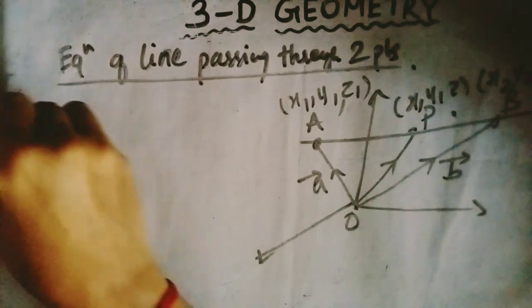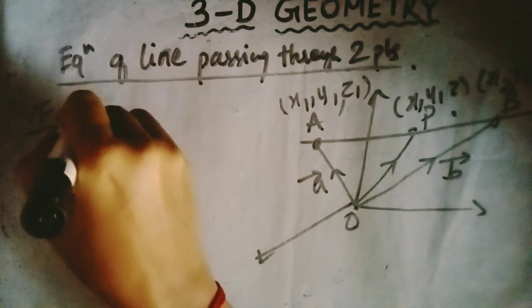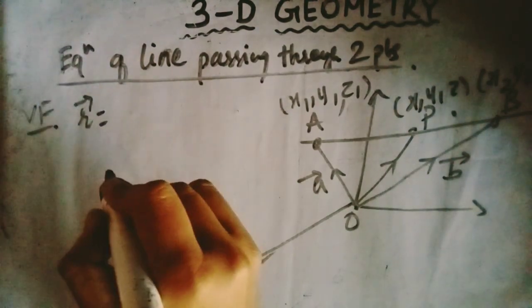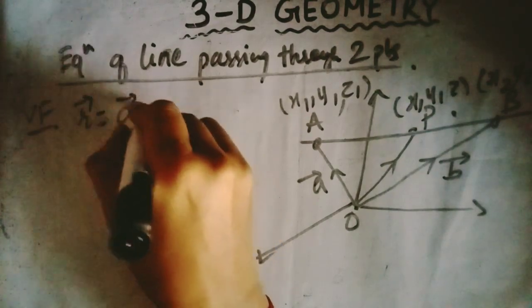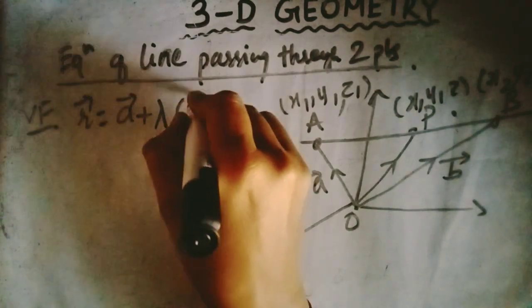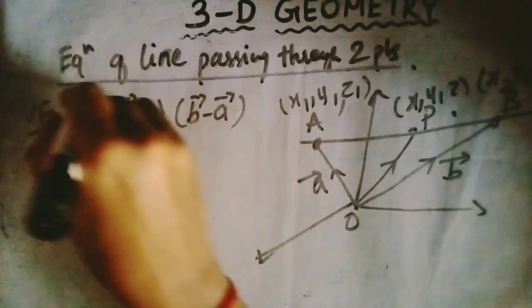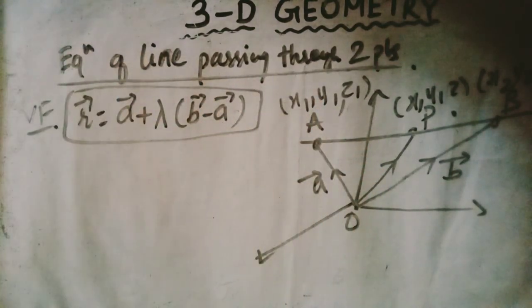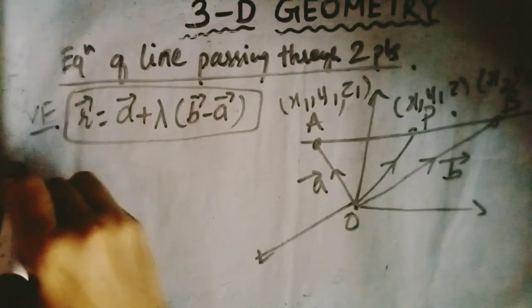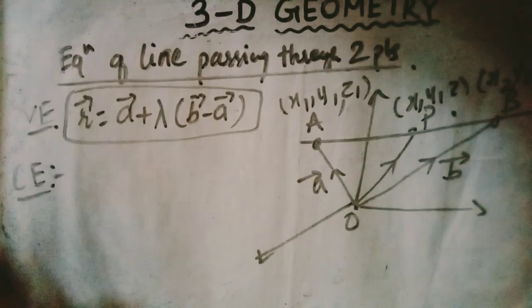Then your vector equation is r is equal to a plus lambda (b minus a). This is your vector equation. And another is the Cartesian equation.